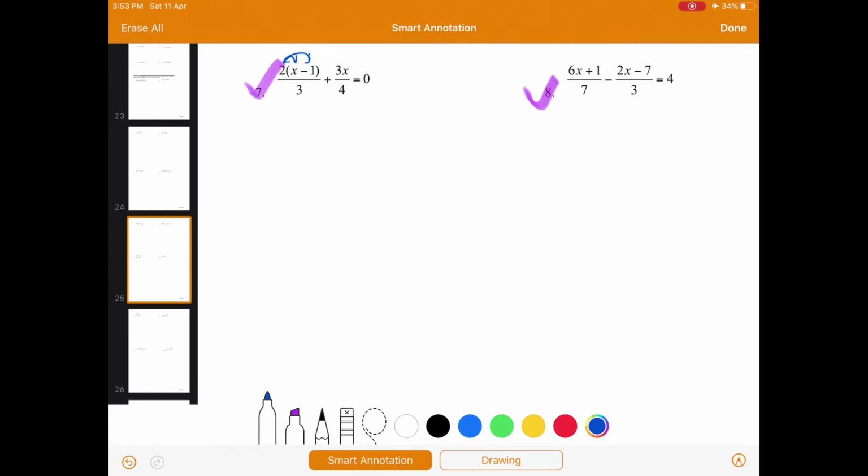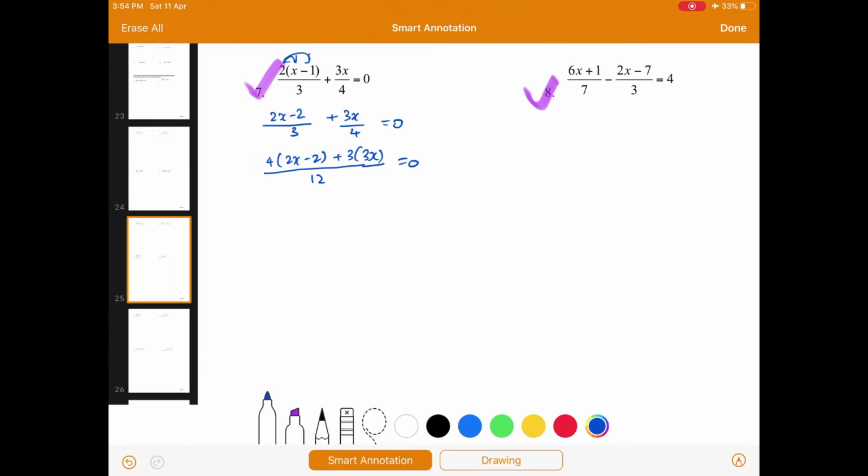Question 7, we can distribute the 2 first. So we will get 2x minus 2 over 3 plus 3x over 4 equals to 0. So for this question, I can combine the two fractions together. The lowest common multiple of 3 and 4 is 12. So that means the first fraction I have to multiply by 4, and the second fraction I have to multiply by 3.